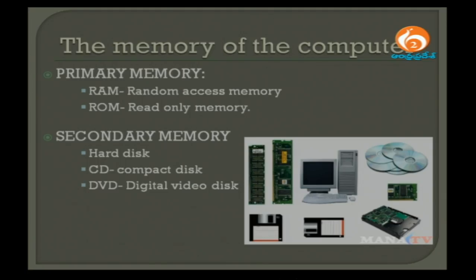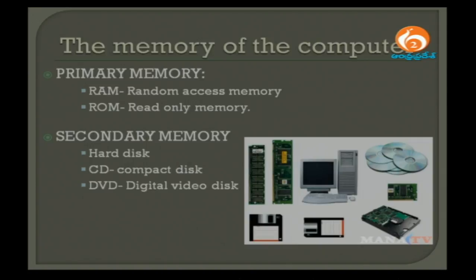The second thing in primary memory is ROM, that is read-only memory. And what is read-only memory? Read-only memory only reads the memory that you put into the storage. Am I clear? So let us go to the second one, that is secondary memory.